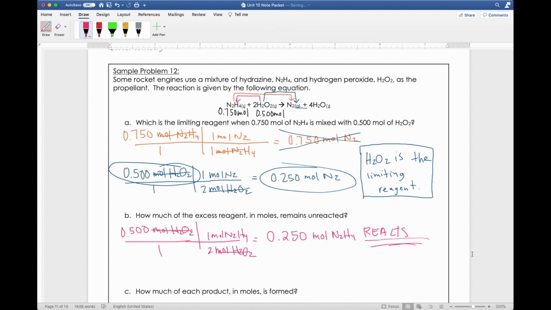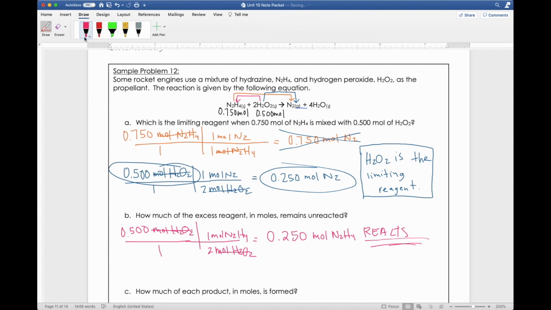However, that's not what the question is asking. The question is asking how much remains unreacted. So we have to consider, well, I have 0.750 moles of this available.